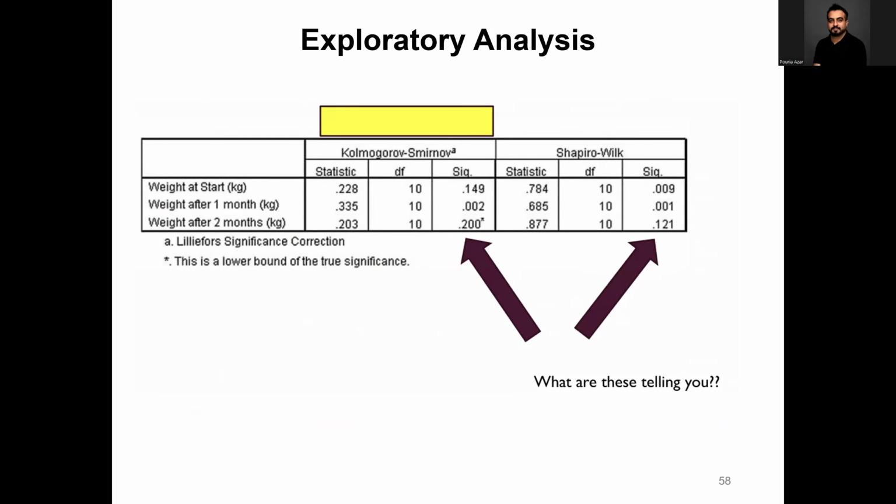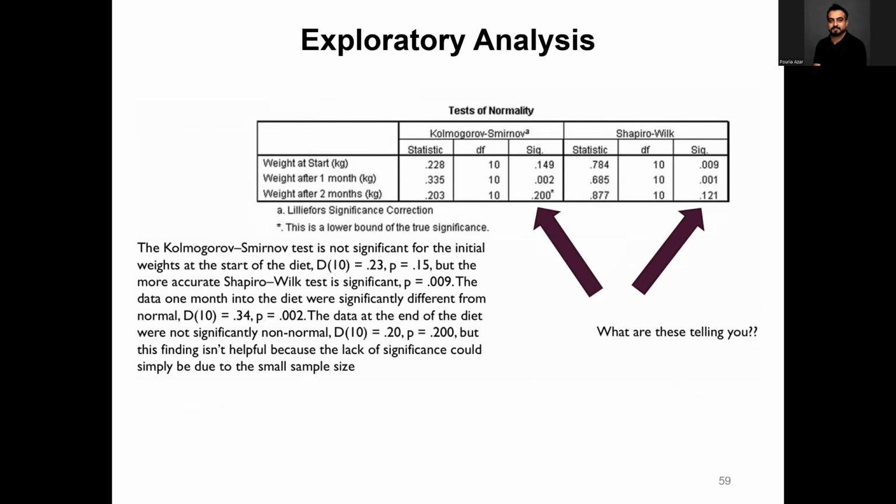So again, before running the analysis, I have to do some exploratory analysis first. So here I have non-significant p-values for the Kolmogorov-Smirnov and Shapiro-Wilk tests. So I would assume that the body weight is not normally distributed, and so I would go ahead and do the non-parametric test, which in this case is the Friedman's ANOVA test.